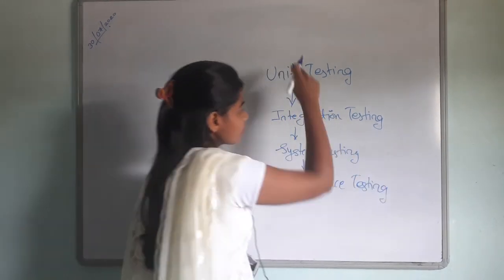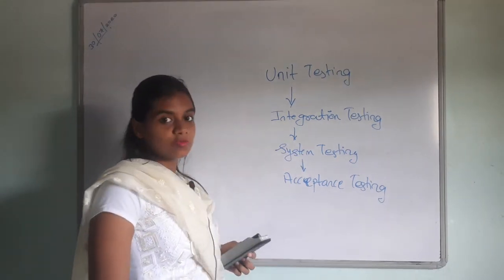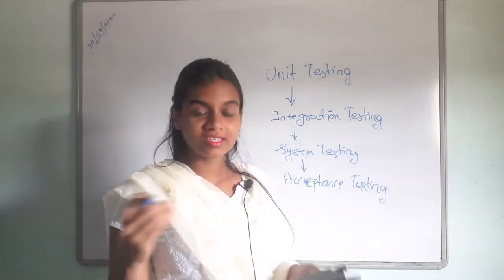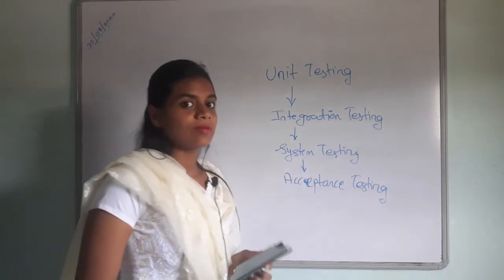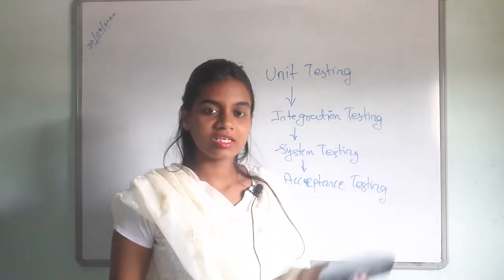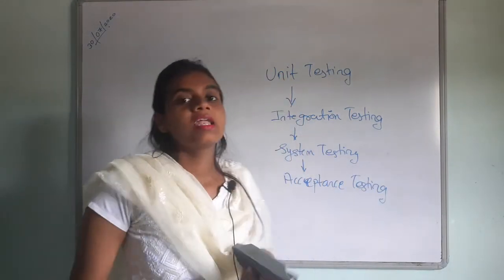You have to learn all of these testing levels, then only testers can fulfill the user requirements and get the accepted result. The actual result and the accepted result must match, and this comes by completing all the levels of testing.